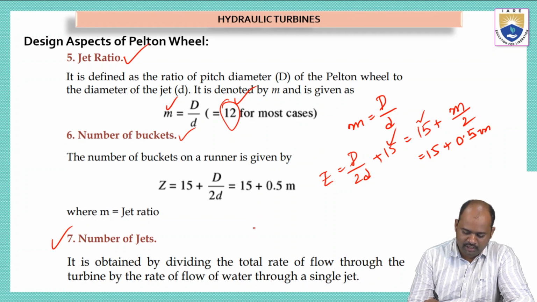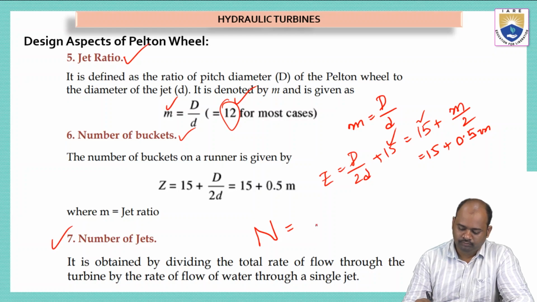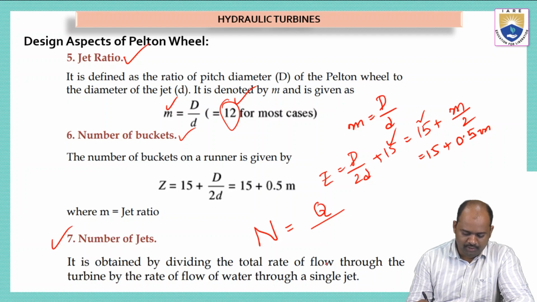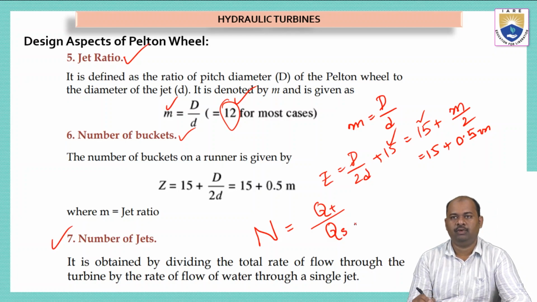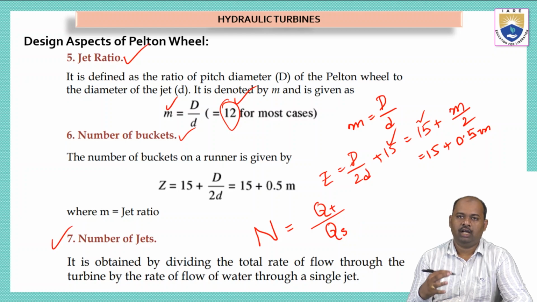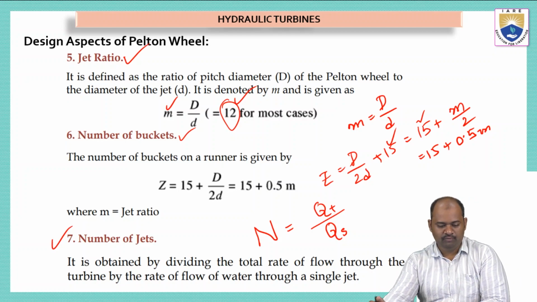So the number of jets is denoted with capital N, and it is calculated by dividing the total rate of flow coming out of the turbine by the rate of flow of water through a single jet. So by using this formula, we can calculate how many jets are required for running the turbine. Okay, so these are some of the design formulas.